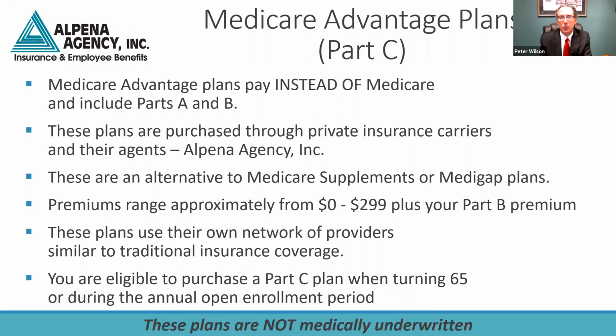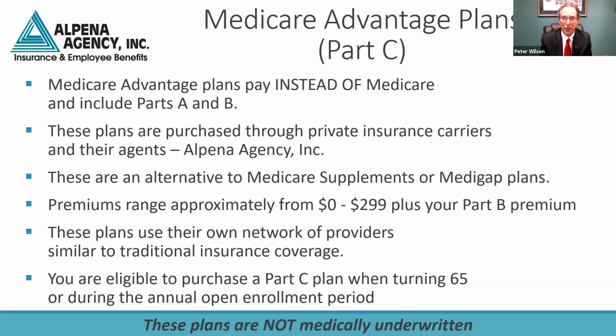The premiums, though, for an Advantage plan are as low as $0. So you can purchase a Part C plan, an Advantage plan, with $0 premium. I know people have been getting inundated with paperwork, solicitations, TV shows saying you can get a premium that's $0.